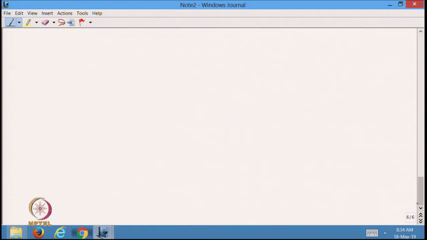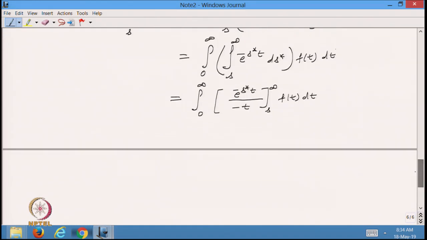If we further solve this one, now I put the limit, and from 0 to infinity I am putting the limit here.